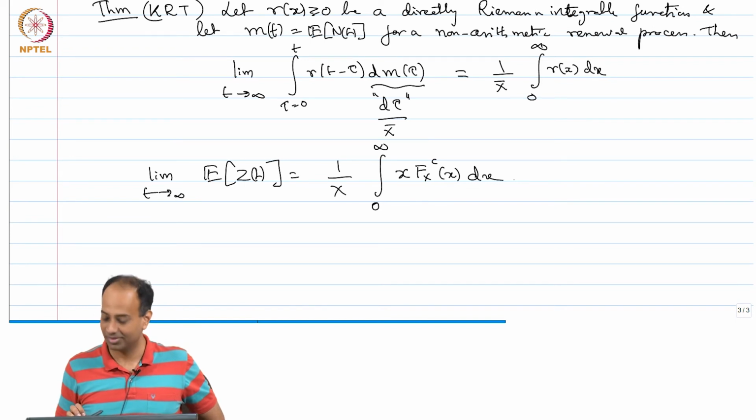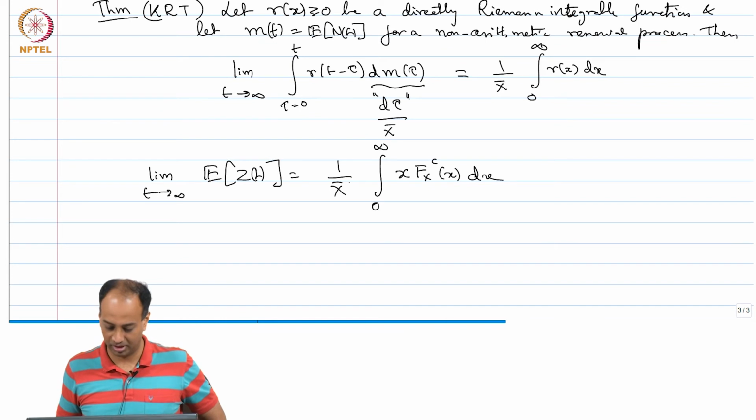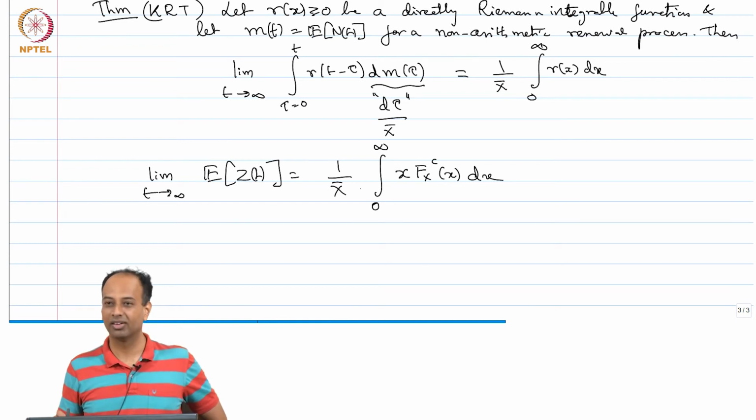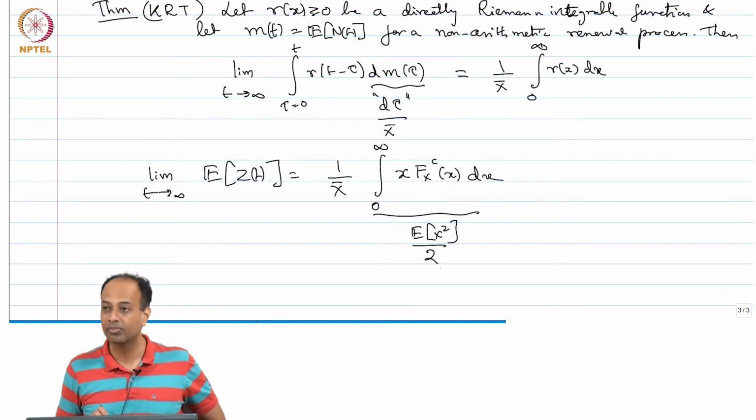It should be x bar, not by x bar. Correct? Sorry. Now, what is this integral? Integral of x F_X complement of x dx. You can show that this is equal to the expectation of X squared by 2, you can just do integration by parts if you want.